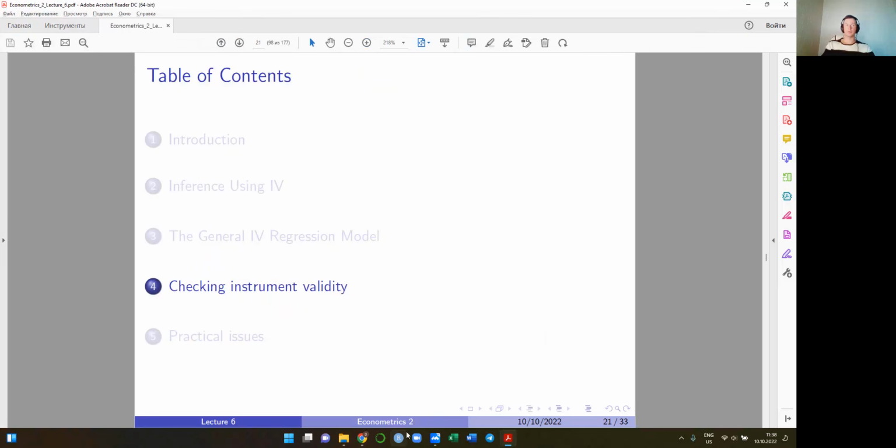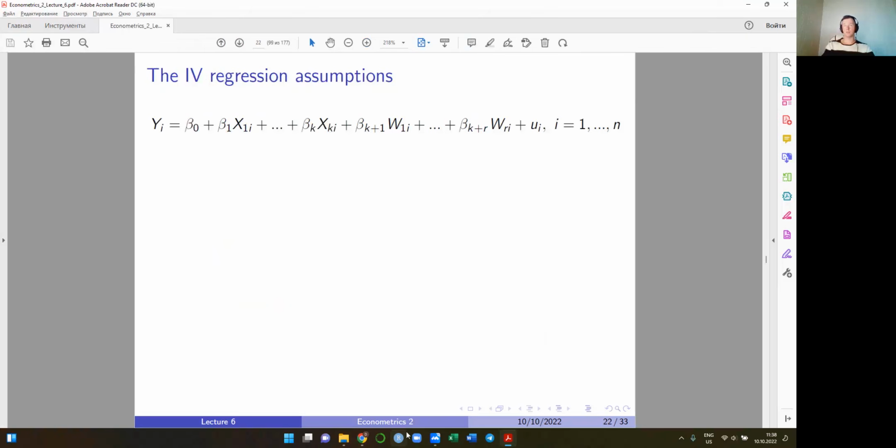The last question here that we need to discuss is how to check instrument validity. An instrument is valid when 2 conditions hold: the instrument must be relevant and the instrument must be exogenous. So we have a general form of the instrumental variables regression.